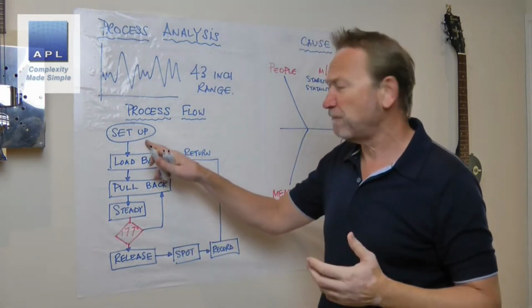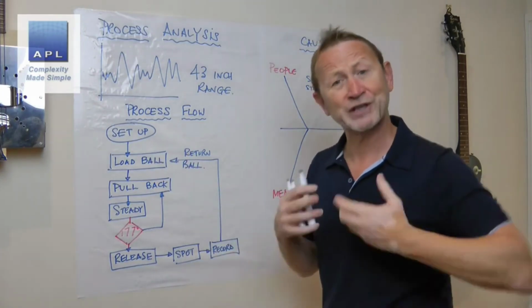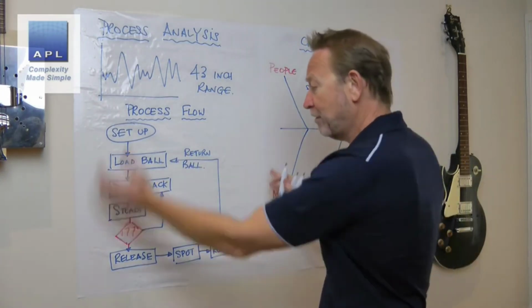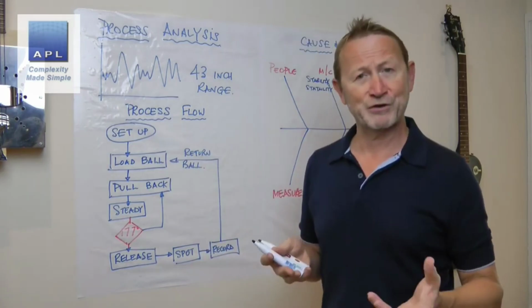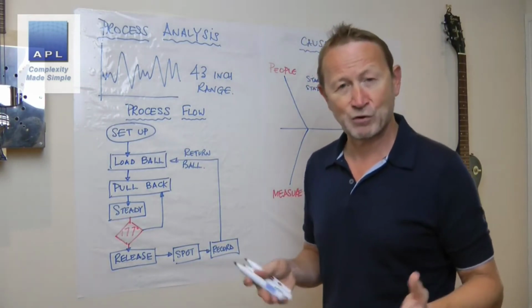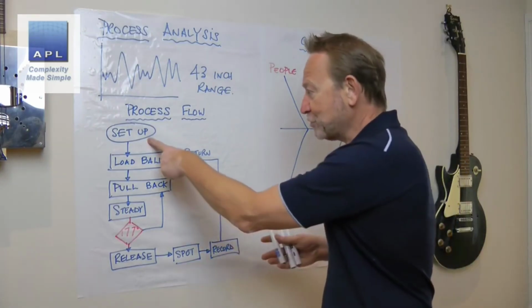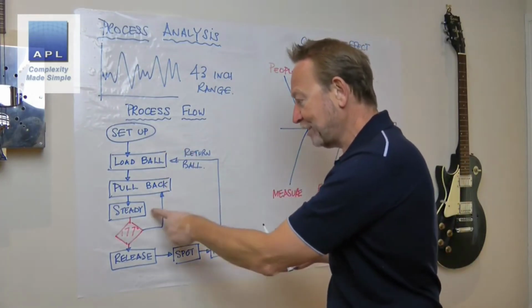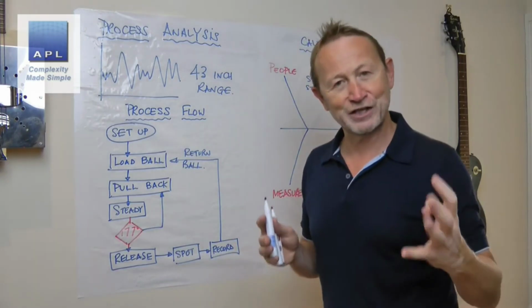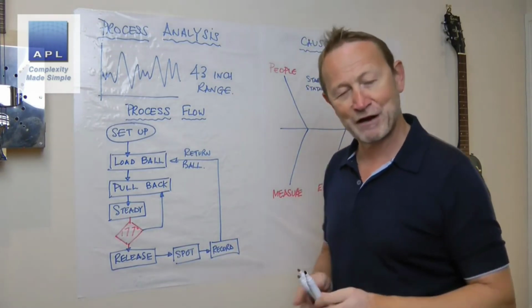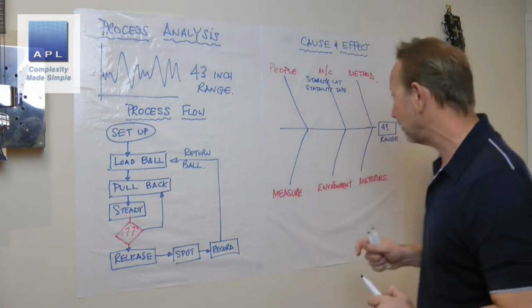So maybe there's only 5 or 10 variables in each box. That's how we're simplifying it. If there was 100 variables for your process and you tried to remember them all, you'd probably only get 80% of them. But if there's 10 here and 8 here and 3 there and 2 there, they're a lot easier to remember when there's small amounts of variables. That's why we use the flow diagram.